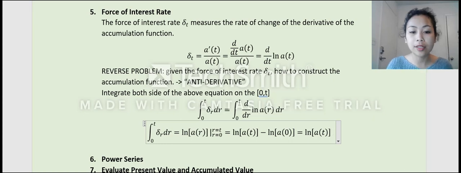So how do you find a of t in terms of delta, the force of interest rate? We take the exponential of both sides.